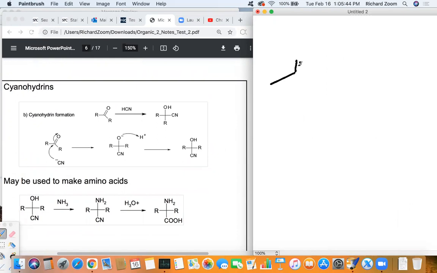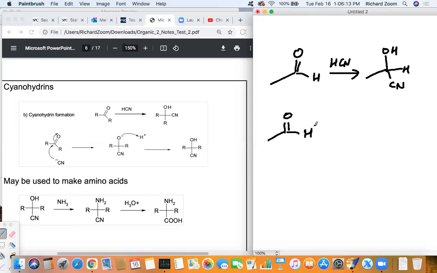So I'm going to actually show you 2 examples here of these kinds of mechanisms. So HCN will form the OH connected to the same C as the CN. And I'm going to show you 2 mechanisms because we can really do this either way.